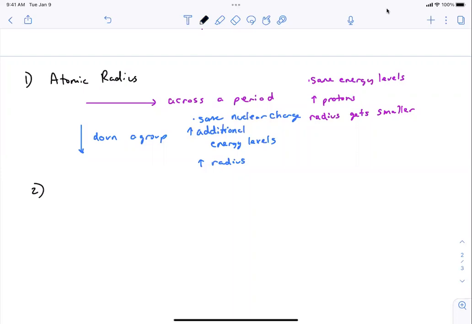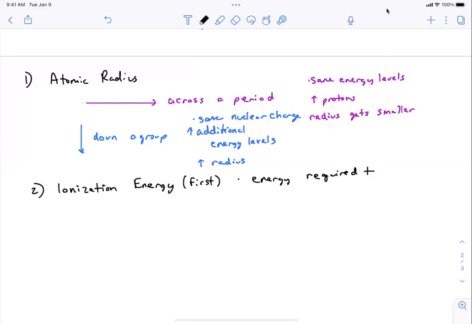Second trend. Ionization energy. We're going to talk about first ionization energy here, which is the energy required to remove one electron from an atom in gaseous state.